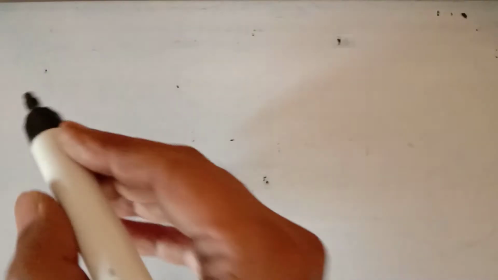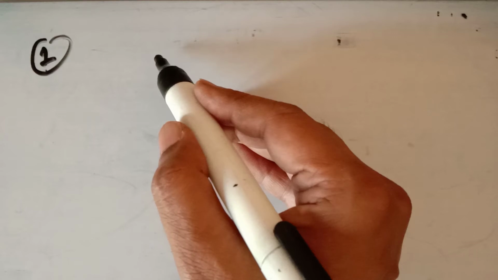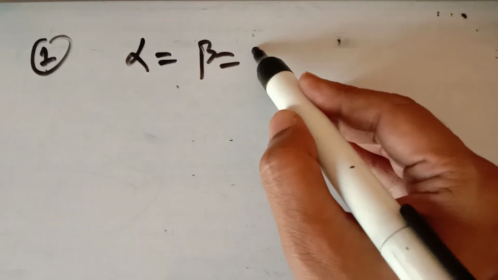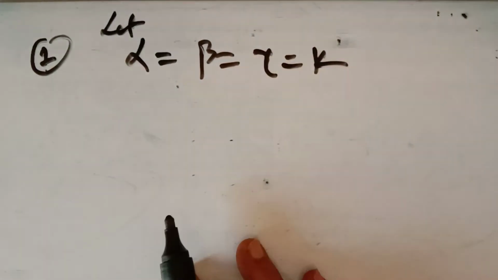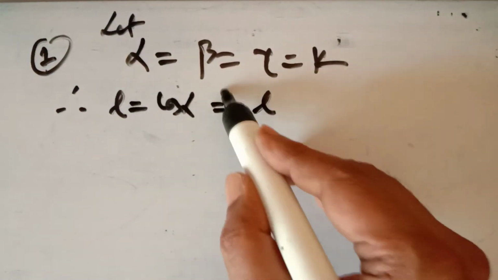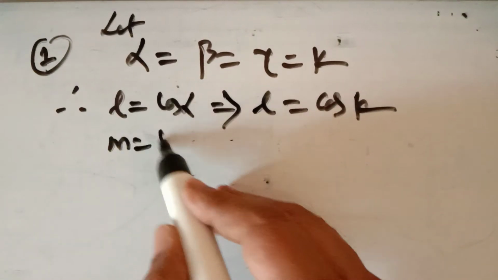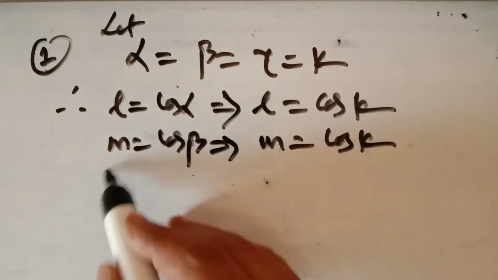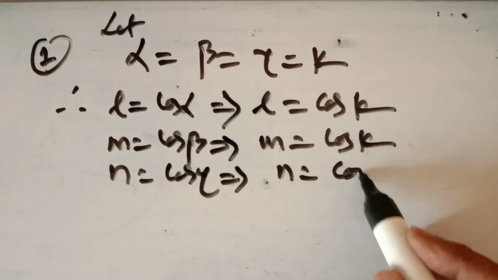In question number 2, find the direction cosines of the line which makes equal angles with the coordinate axes. So let those equal angles alpha, beta, gamma be k, because they are making equal angles with the coordinate axes. So l will be equal to cos alpha, which is equal to cos k. Similarly, m is equal to cos beta, which is also cos k, and n is equal to cos gamma, which is again cos k.